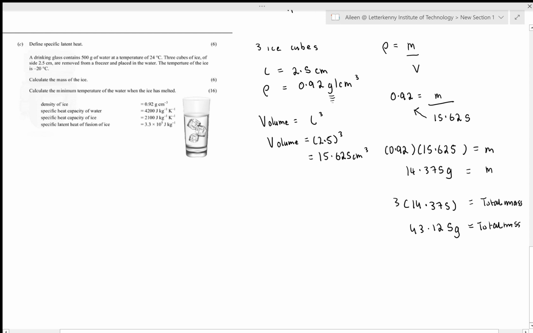And then to convert this into kilograms, I'm just going to divide my value by 1,000, so that's 0.043125 kilograms.